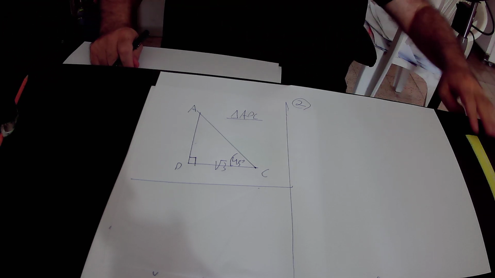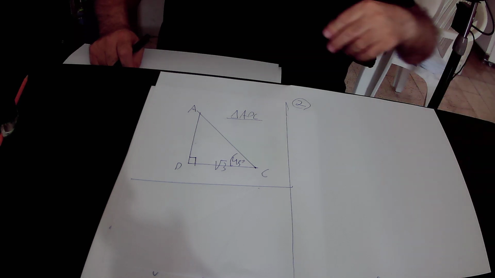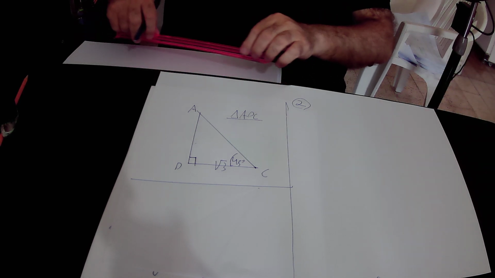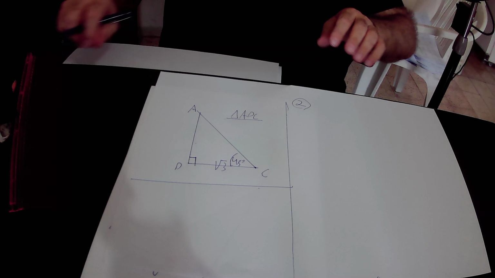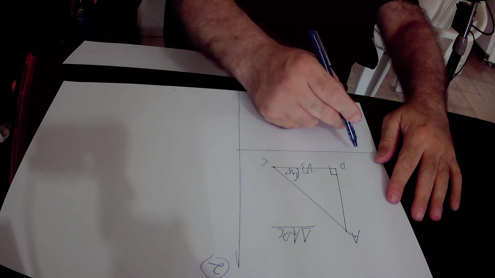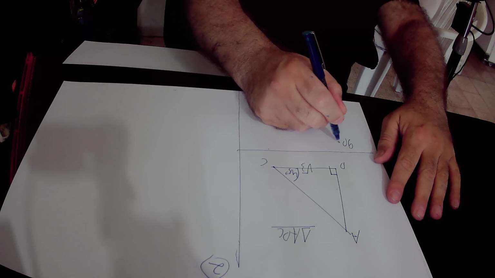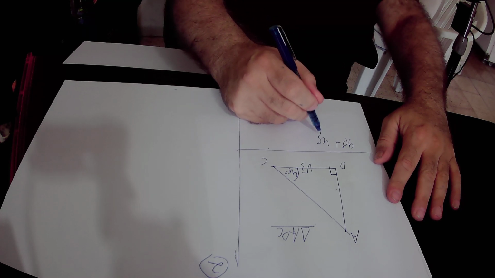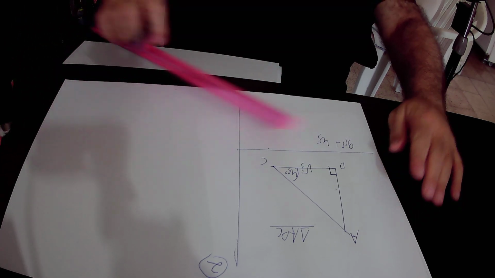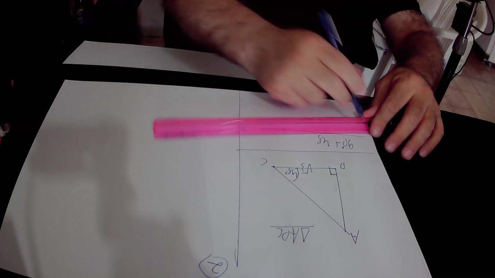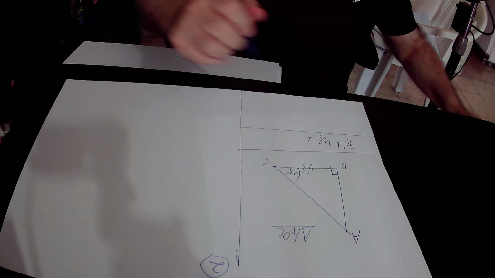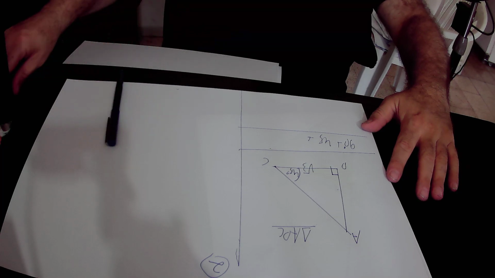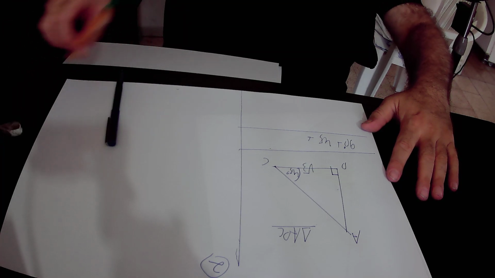The sum of the angles in triangle ADC equals 180 degrees. So which angles do we have in triangle ADC? We have this angle that is equal to 90 degrees, plus this angle that is equal to 45 degrees, plus this angle that we'll define as x.